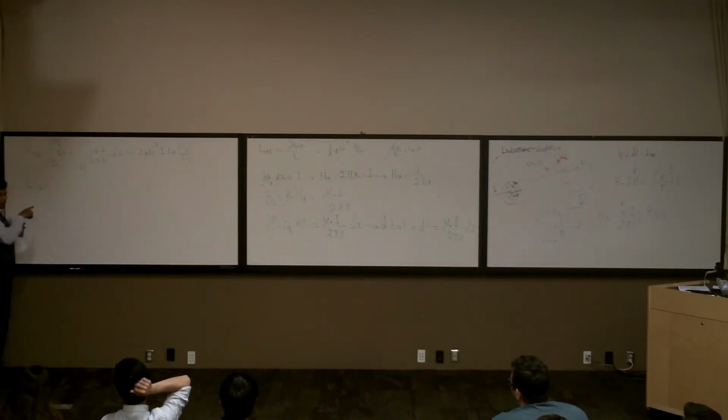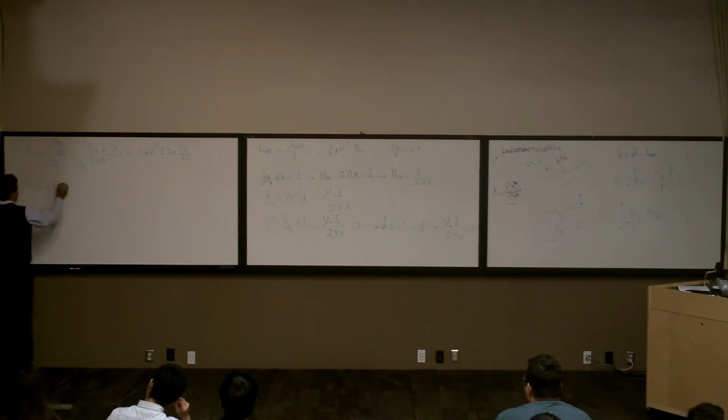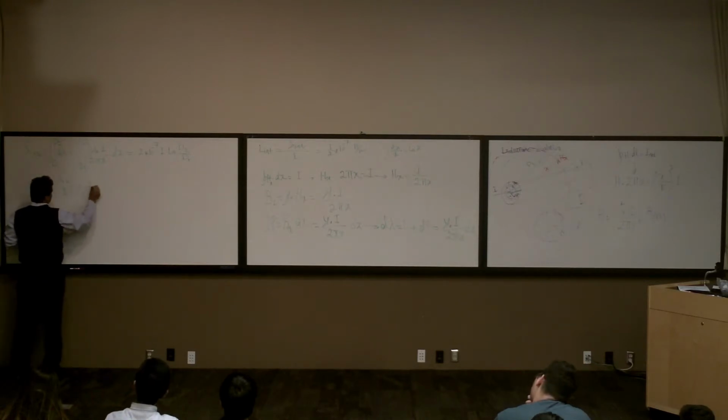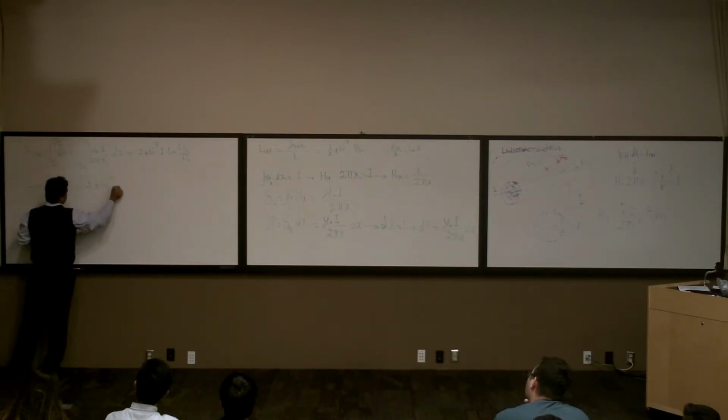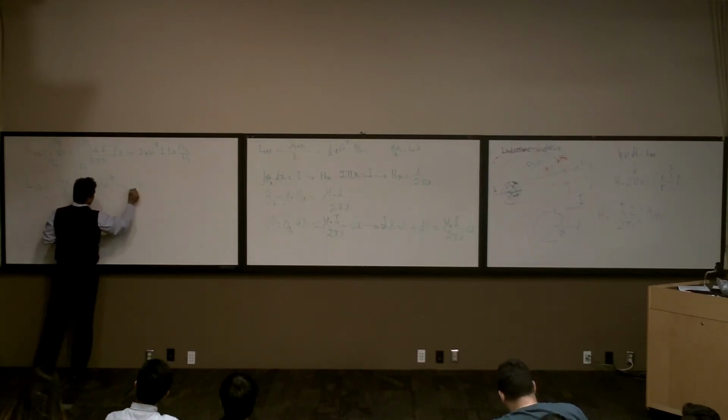This is not mutual inductance, don't get it wrong. This is the inductance between the area of D1 and D2. It's going to be lambda 12 over the current. So basically, it's going to be 2 times 10 to the power of minus 7, I is going to cancel, and ln of D2 over D1.